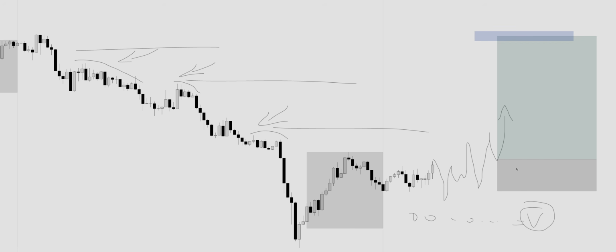Then in this area from the entry to the take profit right here, what we have is not high resistance structures, not high resistance highs and high probability bearish PD arrays blocking the way right here. In this case, what we have is low resistance buy side liquidity pools, actually pulling the price, acting as a magnet right here.